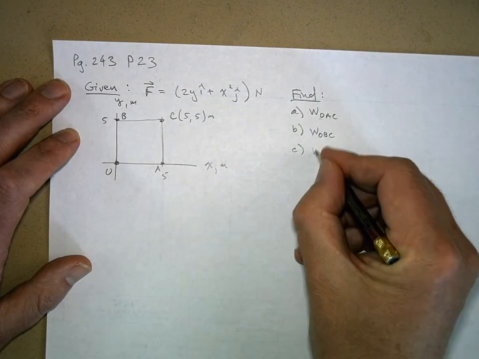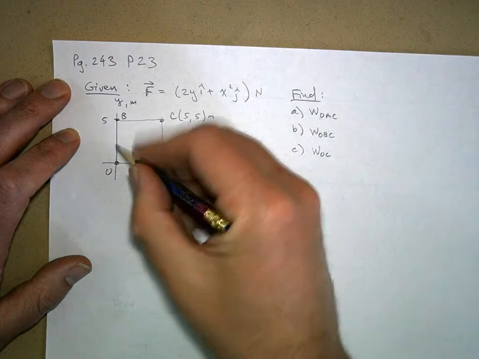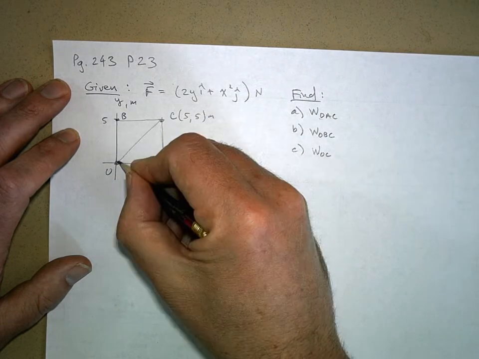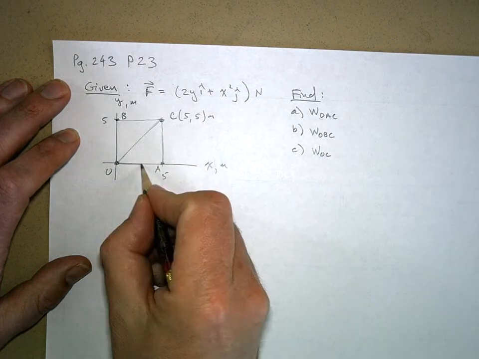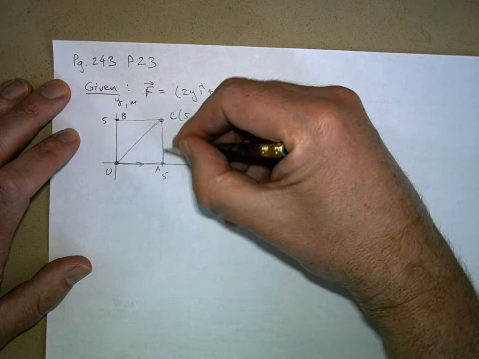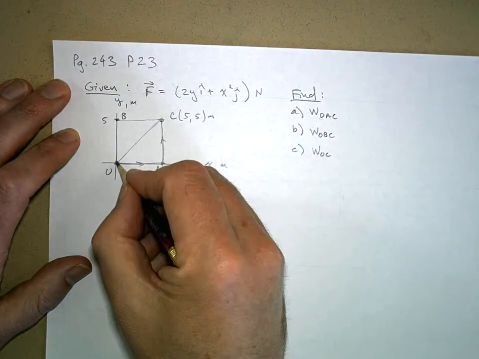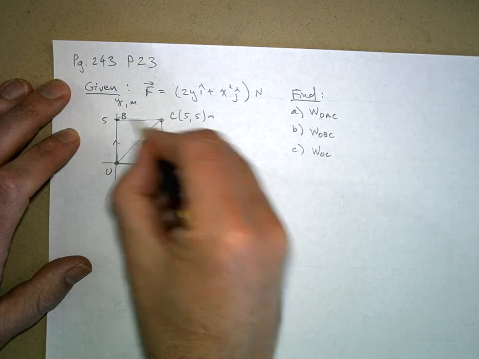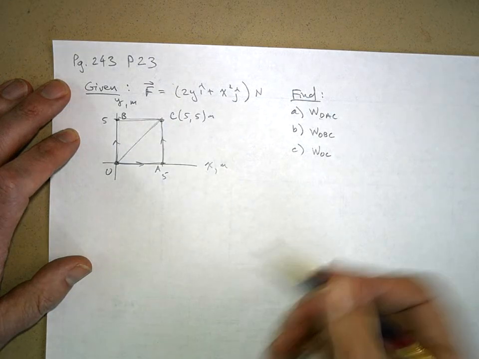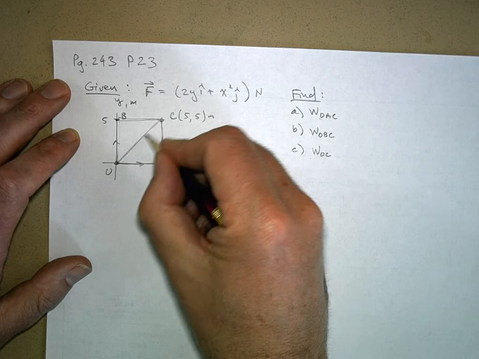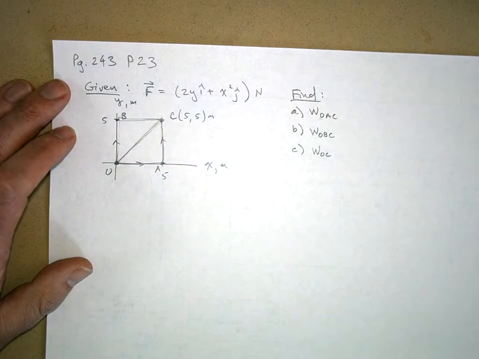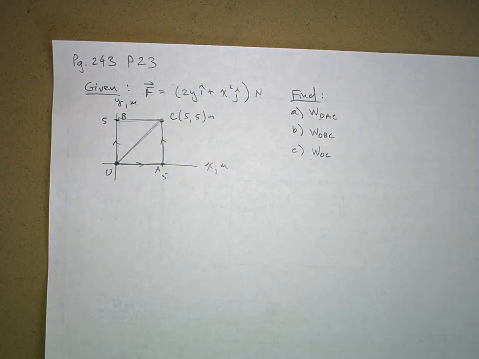And then we're going to find the work going directly from O to C. So from O, we're going to go along this path and along this path right here. And then part B, we're going to go along this path and then along this path. And then in part C, we're just going to figure out how much work it takes to go directly like this. That's the real tricky one.